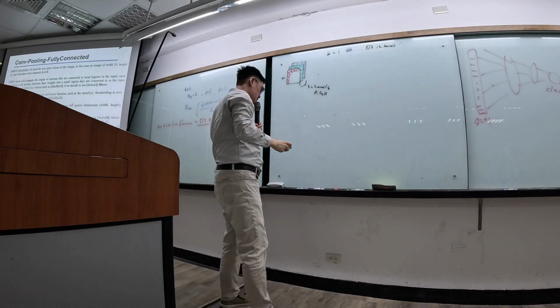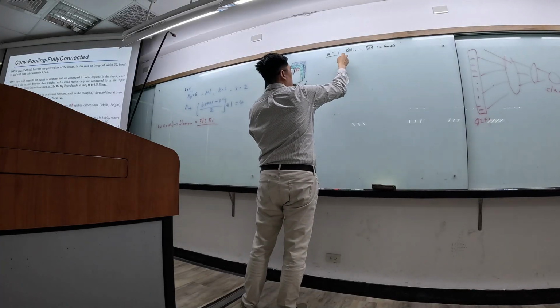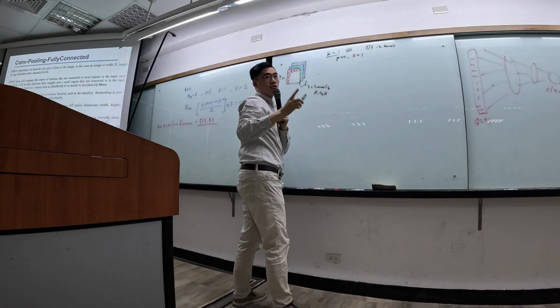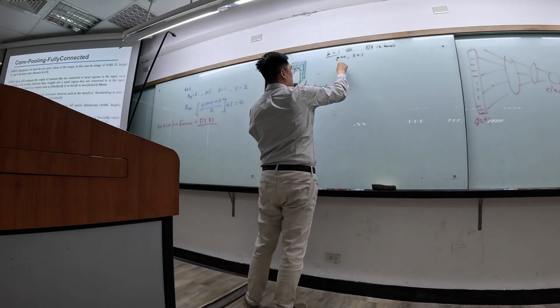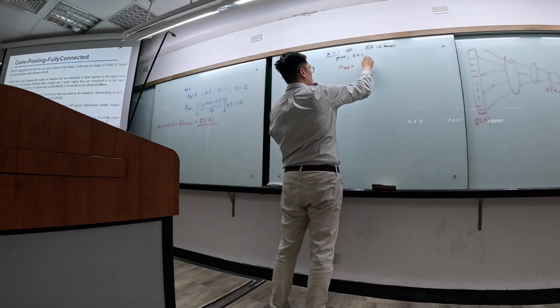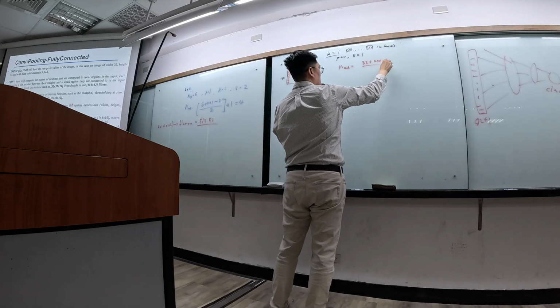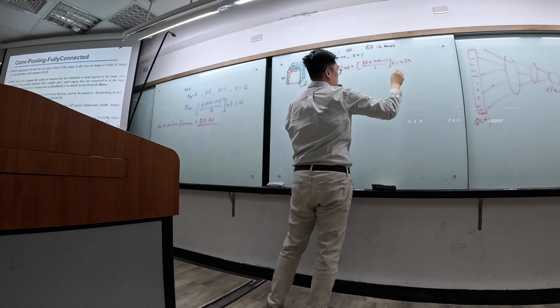Great, so let's check. Let's assume that we have a kernel size of 1 and no padding, so P is 0, and stride just use 1. So based on our equation, the n output becomes 32 plus 2 times 0 minus 1, divided by 1, and then plus 1. So again, it's still 32.